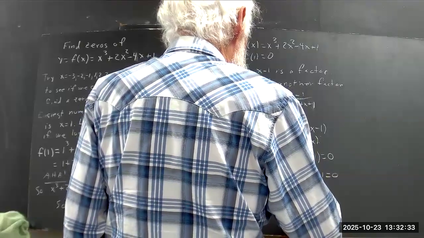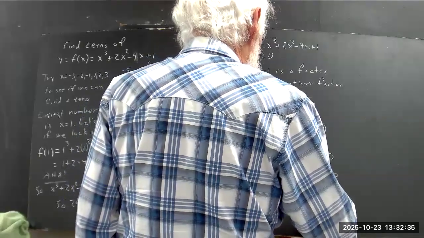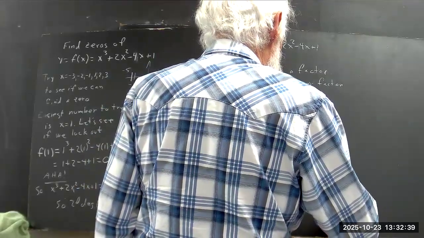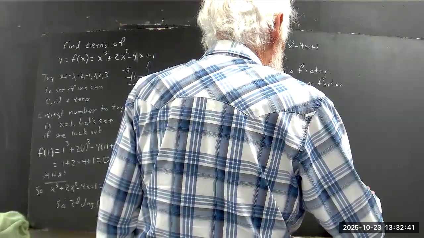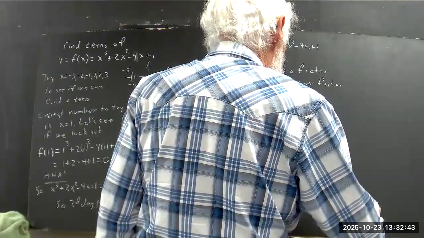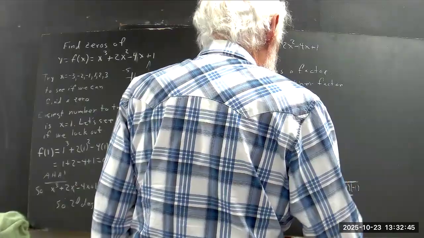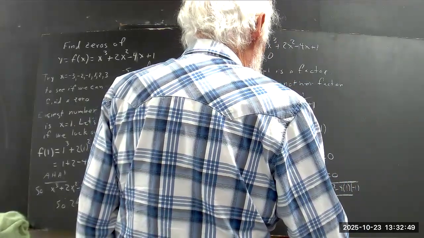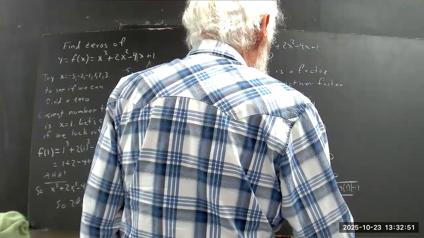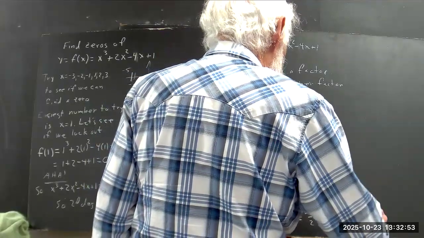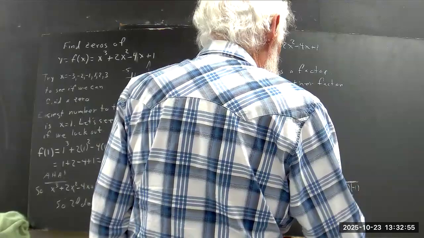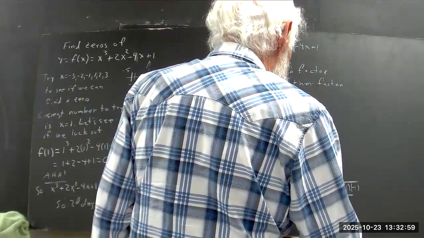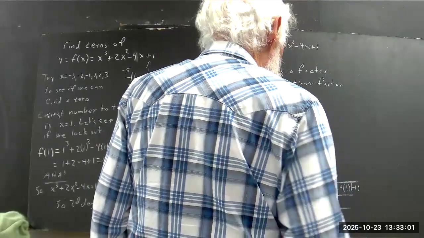But we get x equals -3 plus or minus the square root of 3 squared minus 4 times 1 times -1, all divided by 2 times 1. And that's -3 over 2 plus or minus the square root of 9 plus 4, which is the square root of 13, over 2.